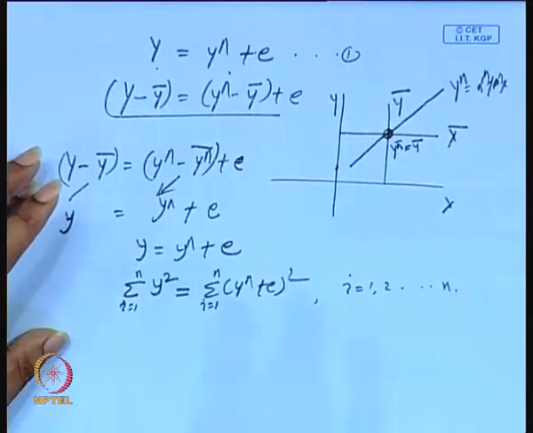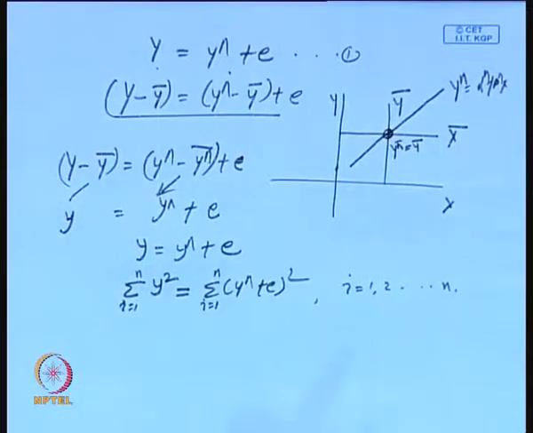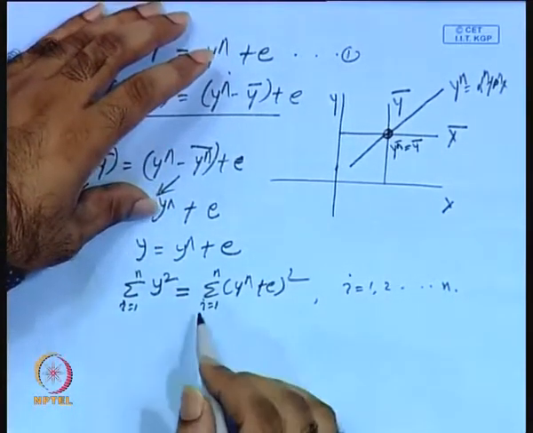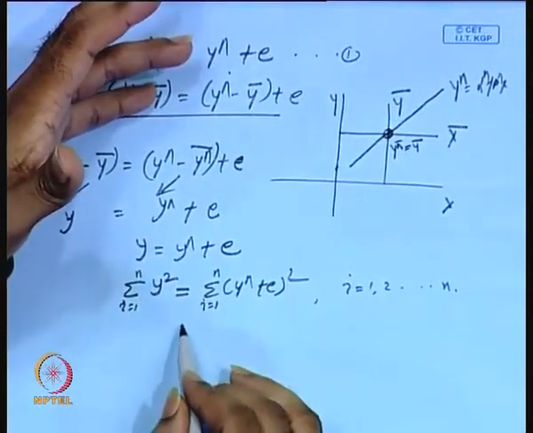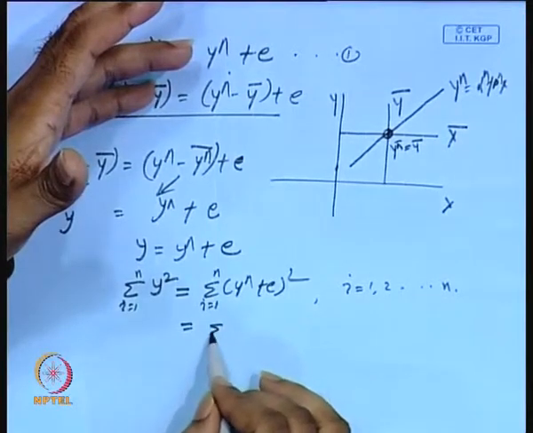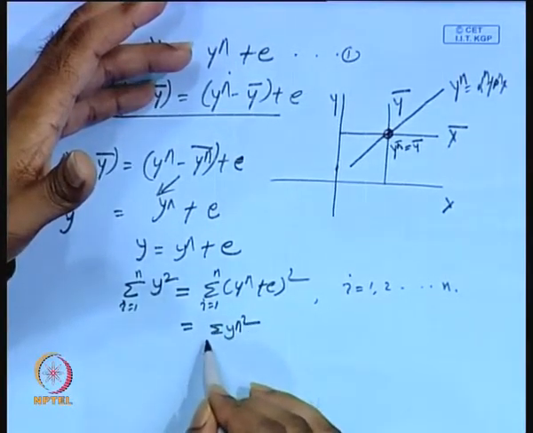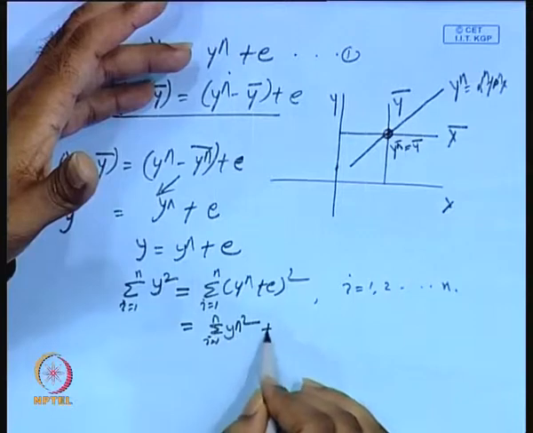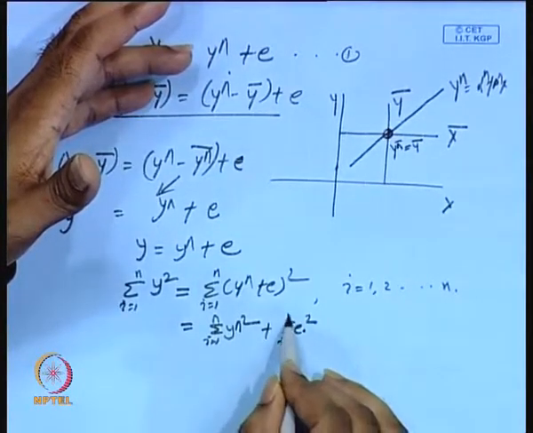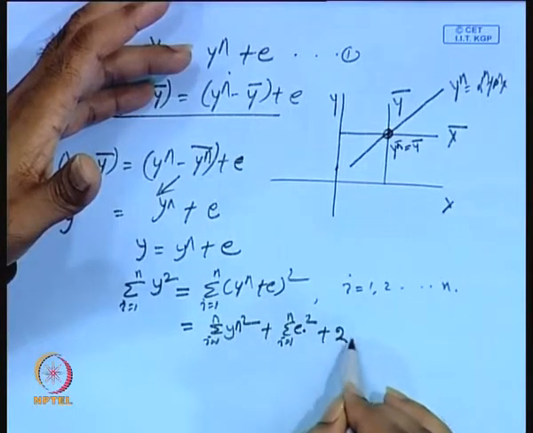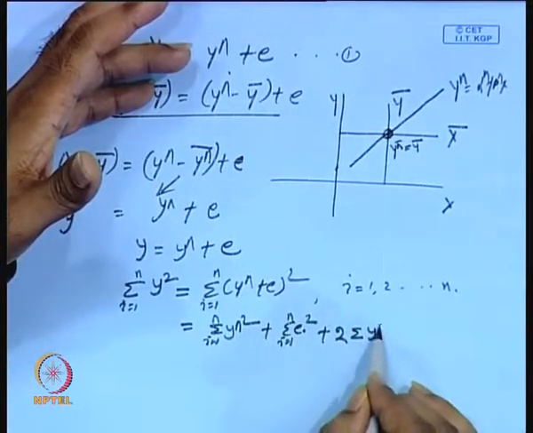Now we can write this in the format: summation y hat squares, i equal to 1 to n, plus summation e squares, plus 2 summation y hat into e.